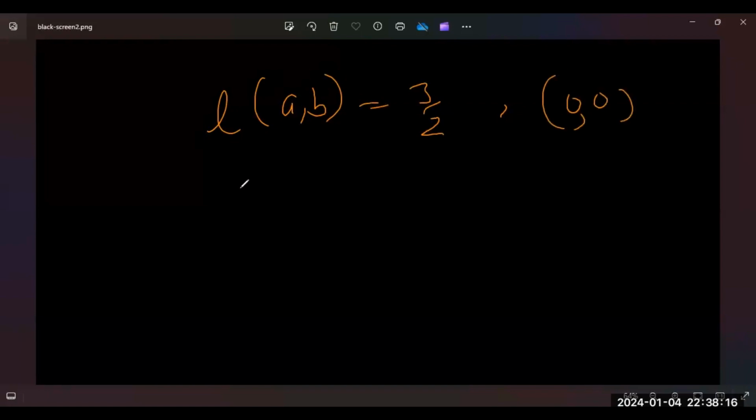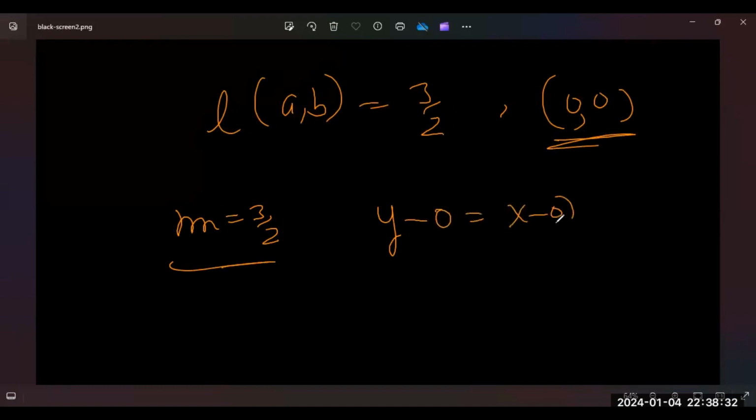They have said the line L, the same line which passes through A comma B and has a slope of 3 by 2, also now passes through 0 comma 0. Are you getting this? Yes, sir. So m is 3 by 2. We can begin with the slope, or you can take the one point form. You have a slope, you have a point. So y minus 0 is equal to x minus 0 into 3 by 2.